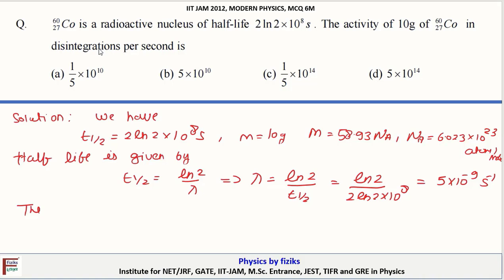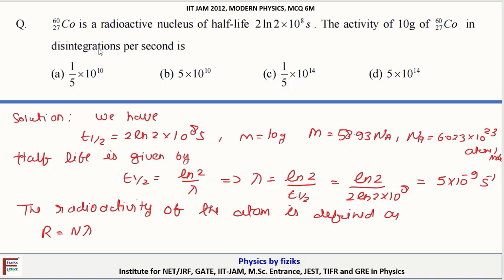The radioactivity of the atom is defined as R is equal to N lambda, which turns out to be m by capital M into Na into lambda.